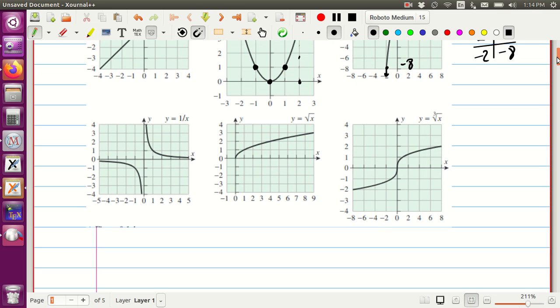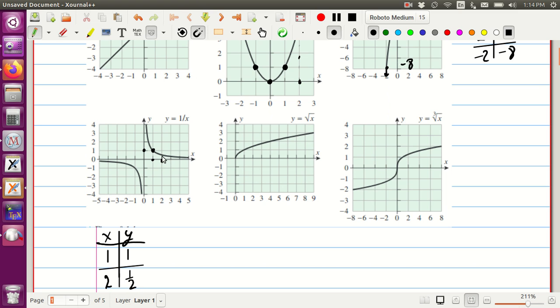What else is important? 1 over x is a little bit more complicated. We're going to talk about these functions later in the semester, but just for simplicity, let's put a few points. We can't use x equals 0 because x equals 0 is not in the domain of the function. But we can use 1, and if we divide 1 by 1, we get this point over here. And if we use 2, we get 1/2.